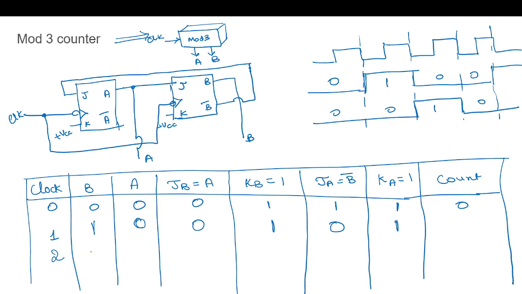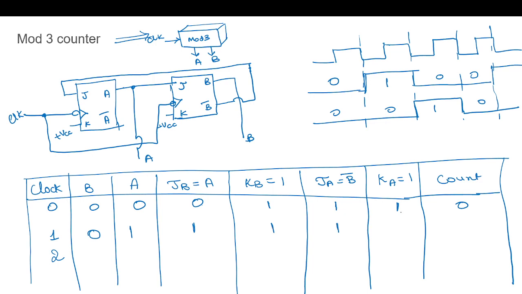Some mistake I have done. Yes, sorry. It is JB KB, it is reset, and A is in toggle state. Now A is 1, K also is 1.